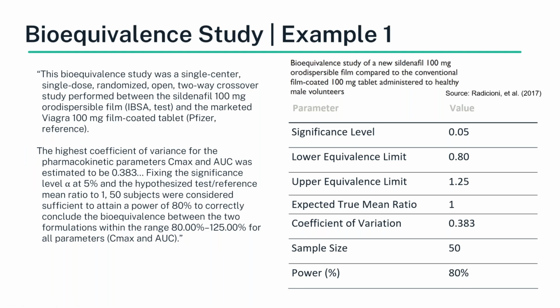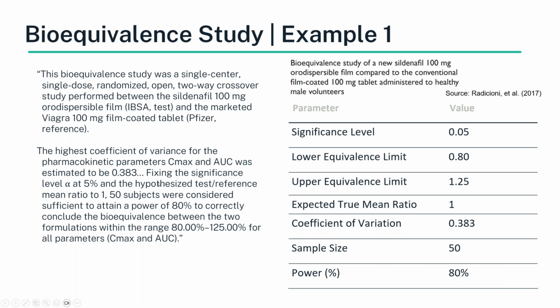So our first example today is from a two-way crossover study between test and reference drug. On the left here, we have a snippet from that paper, and that details that the pharmacokinetic parameters used were Cmax and AUC, and the highest coefficient of variation for those was estimated to be 0.383.